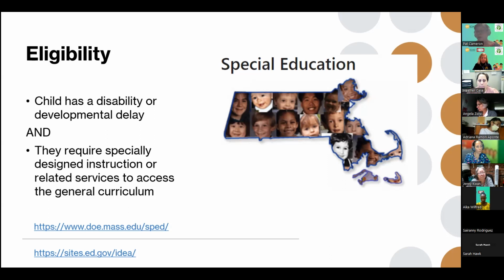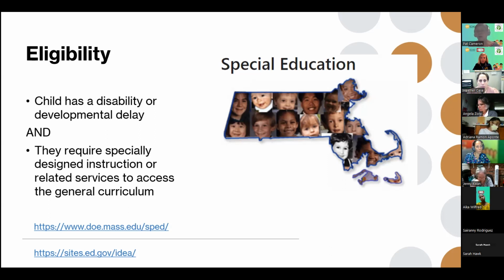The federal government defines those disability categories. Massachusetts abides by the federal regulations for early intervention, but also increased them to broaden eligibility. Massachusetts has one of the broadest eligibility criteria for early intervention. Special education sticks right with the federal definition.